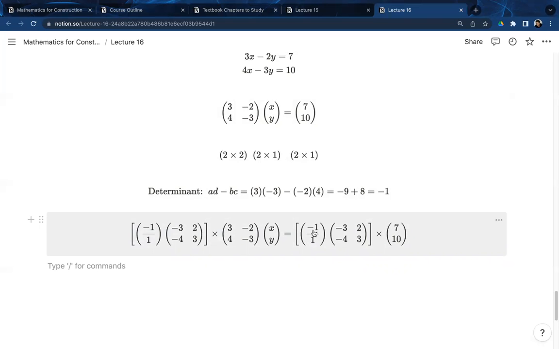Remember, the inverse is 1 over the determinant by the rearranged matrix. So for the original matrix, we swap A and D, and we put minus signs on B and C. So 4 becomes negative 4, minus 2 becomes 2, and this 3 and negative 3 get swapped. Now let's simplify things. This negative 1 over 1, we could multiply everything here by negative 1 and everything here by negative 1.